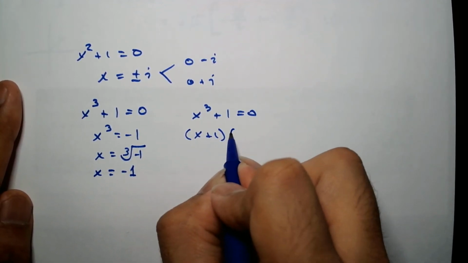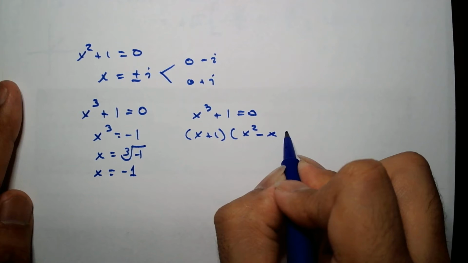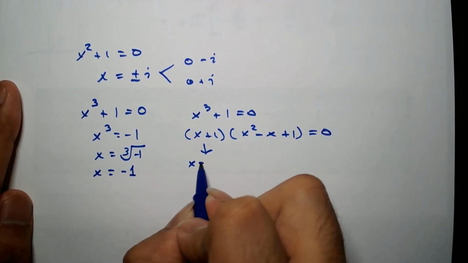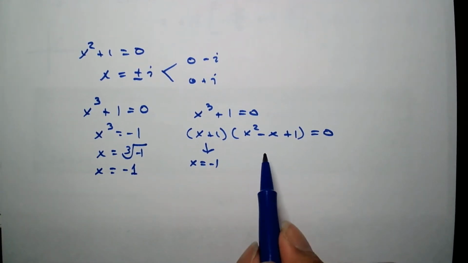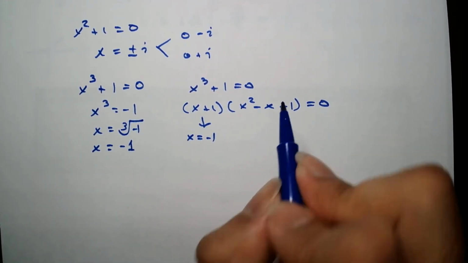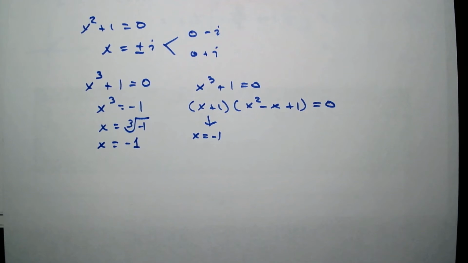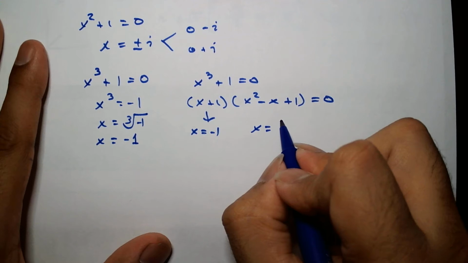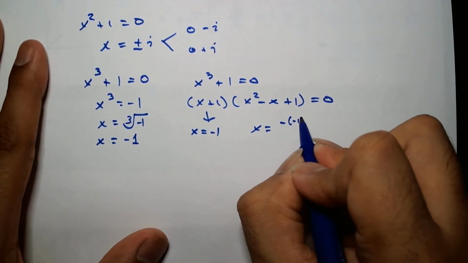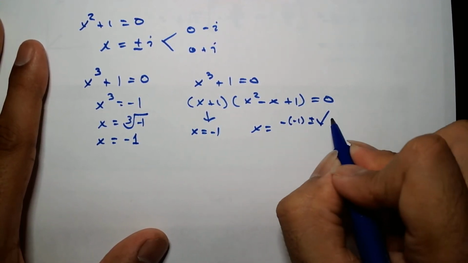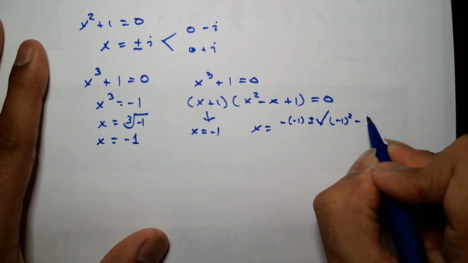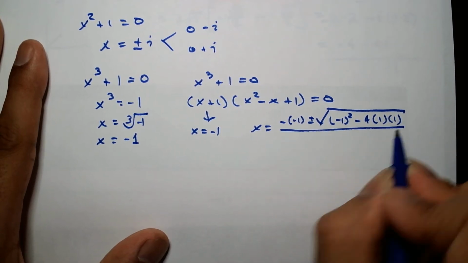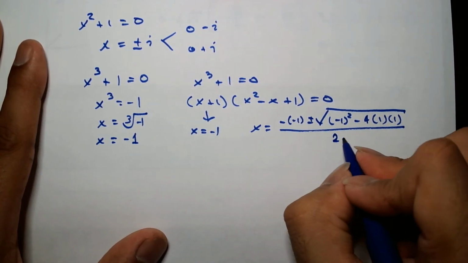x plus 1, times x squared minus x plus 1, equals 0. On the one hand, yes, x equals negative 1. But over here, factors of 1 that add up to negative 1, well, that's not possible. In fact, we would have to use the quadratic formula: negative b plus or minus the square root of b squared minus 4ac, the whole thing divided by 2a.